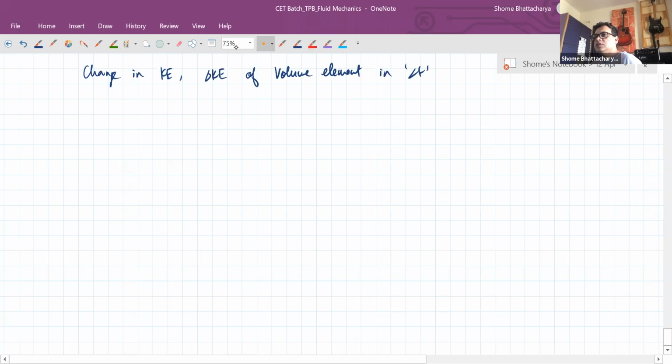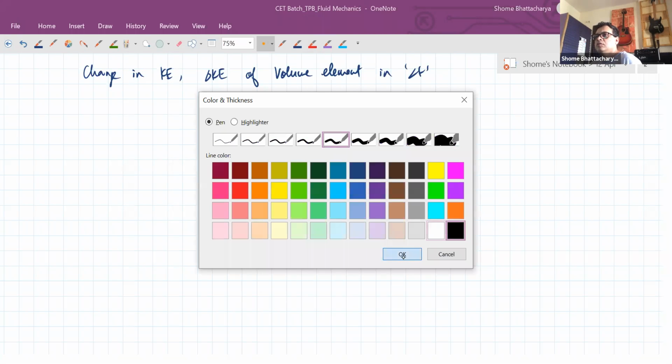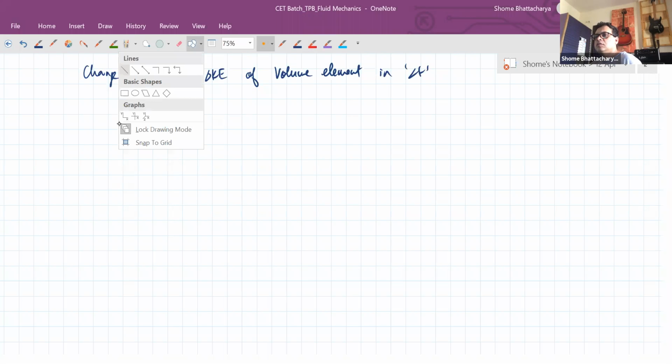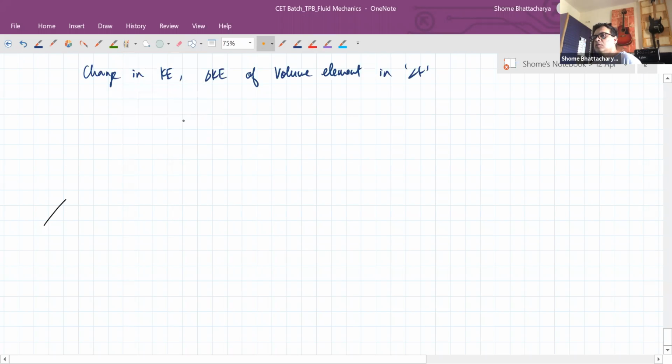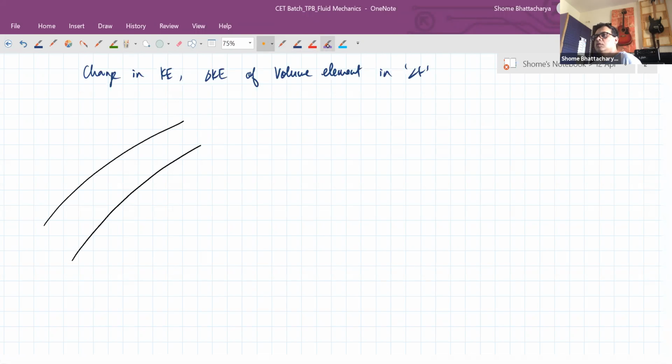So what is happening is you can see that within the pipeline, this volume element was like this at the initial time t.